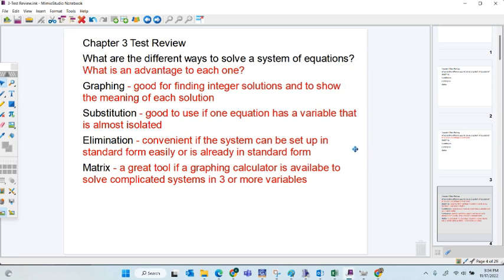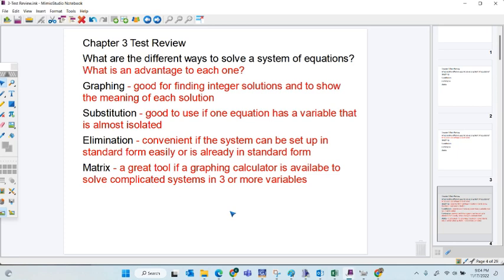We're not going to have the giant elimination or substitution problems on your test. However, you have to be able to solve them in some kind of way.